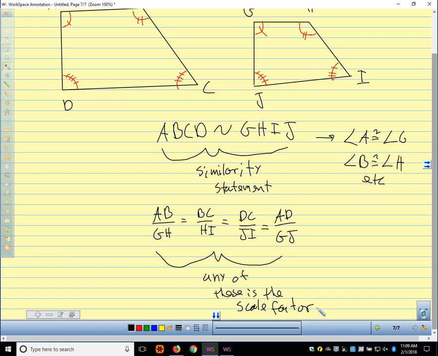That tells you how the sizes of those two polygons compare, and we call that the scale factor. If you have a legend on your map, 1 inch equals 200 miles, that tells you the scale factor between the map and the actual thing the map is representing. It tells you how much bigger the real world is than the map.